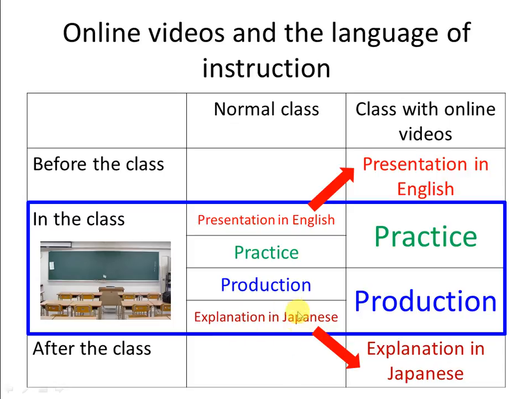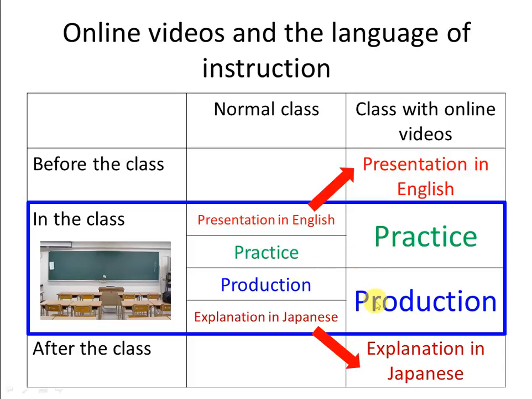And if you have to explain something in Japanese, if you have to explain the English grammar in Japanese, you can also do it in a video. If you move this part out of the class, then your class will be Japanese free. So you don't have to use Japanese in your class.